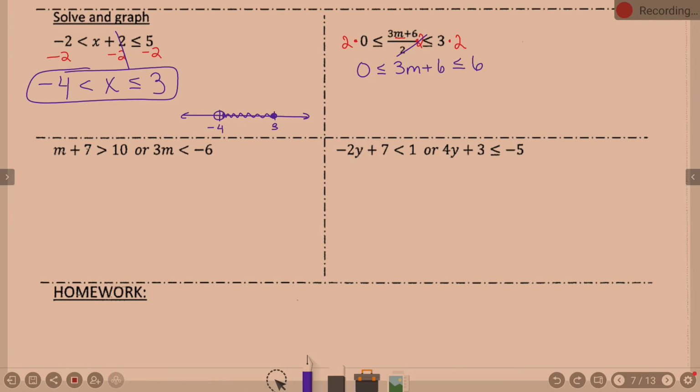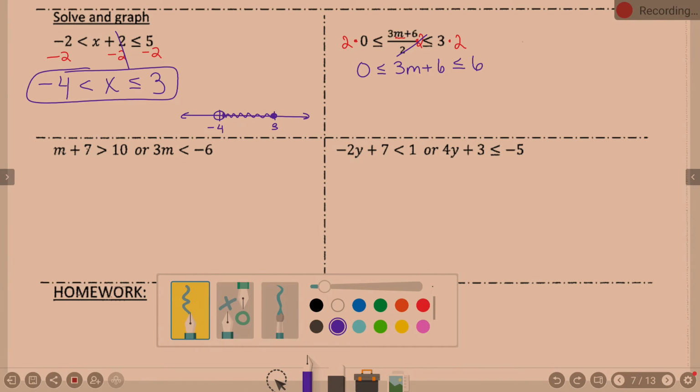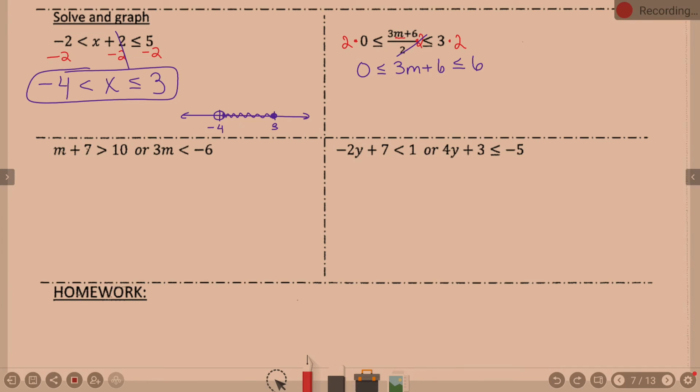What's the last thing done that we need to undo? The plus 6. How do we undo a plus 6? We subtract 6. If you subtract 6 in the middle, subtract 6 on the left, subtract 6 on the right.